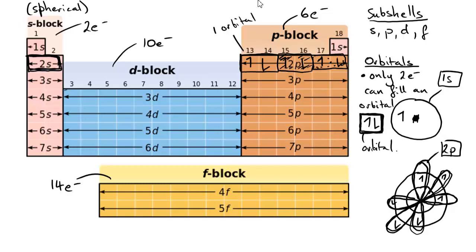But you just basically divide 10 by 2 and you'll know how many orbitals you have. So there are 5 orbitals in the D block. So there are 5 distinct places in the D block in geometric space where electrons will point up and down. Okay, and in the F block it's 7 orbitals.